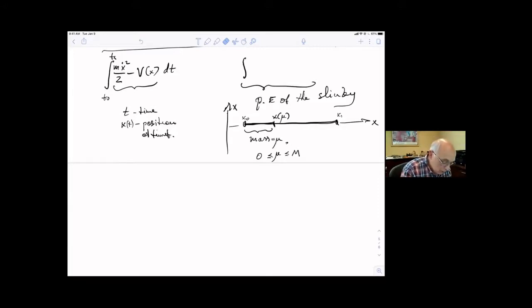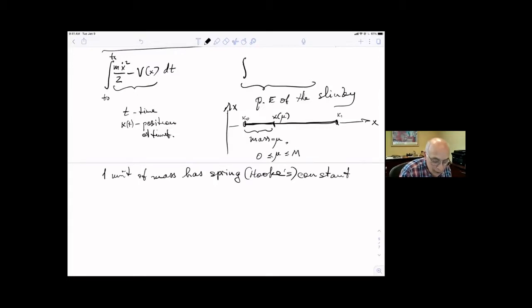So let me say 1 unit of mass has spring constant, Hooke's constant, call it K. So that means if I stretch it, and my slinky has 0 length when it's not stretched, the tension is going to be K times the length, right?